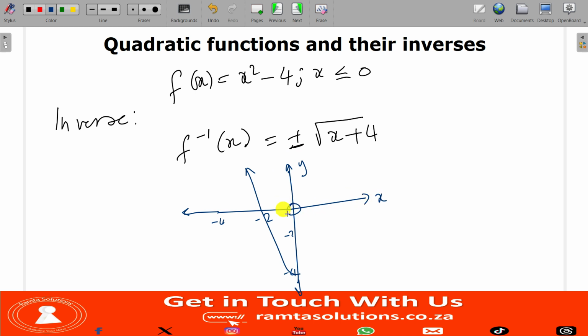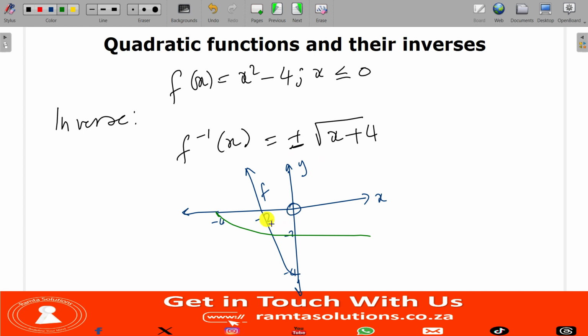Now the inverse has to be like, guys, may I use this green color? As you can see, it'll be like this. This is how you restrict the domain.